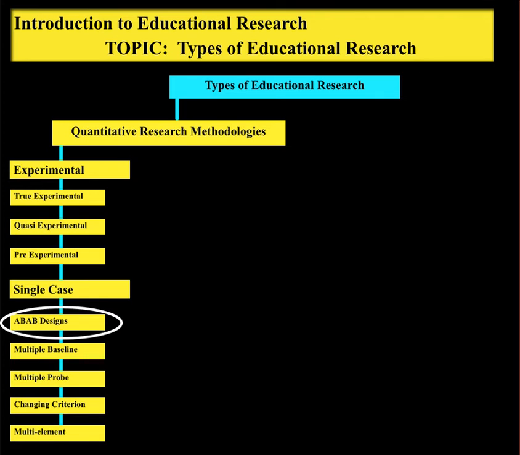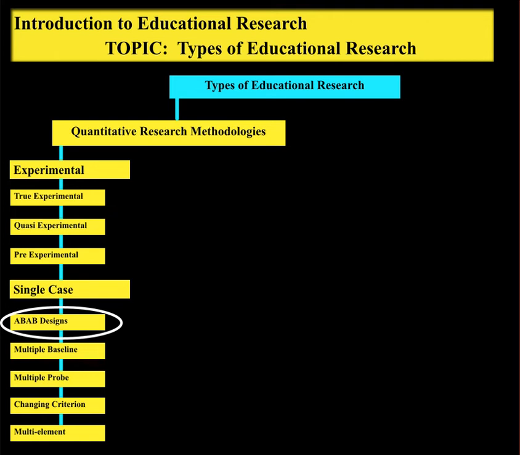and we're going to be talking about the ABAB design. So to reiterate, some research questions are not suitable for traditional group designs, like true experimental and quasi-experimental. The single subject research designs are most frequently applied in clinical settings with an emphasis on therapeutic impact and not on contributing to a research base or a canon of knowledge, but they're interested in therapeutic impact.